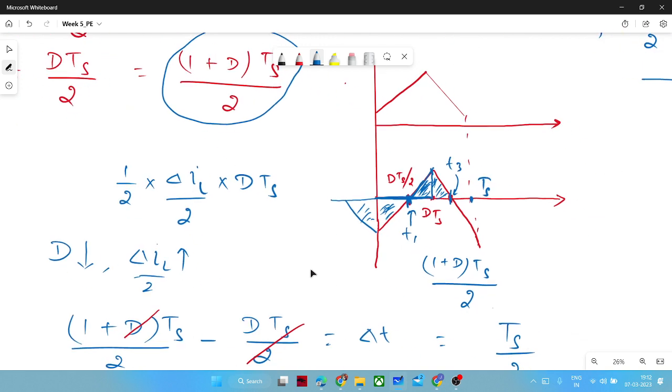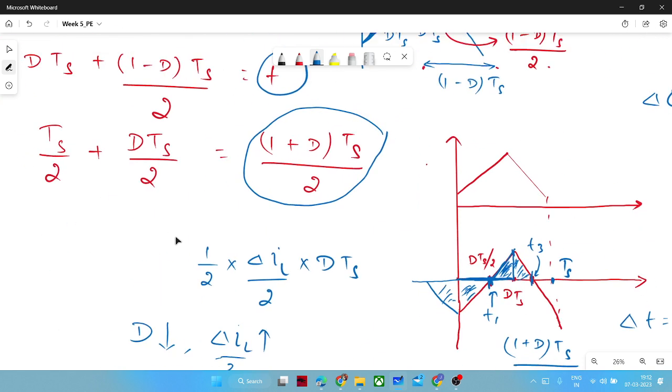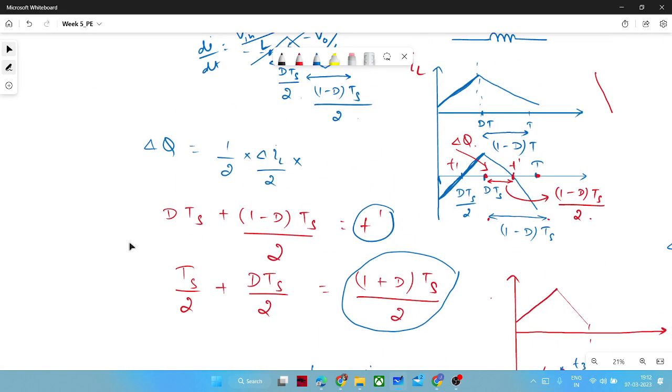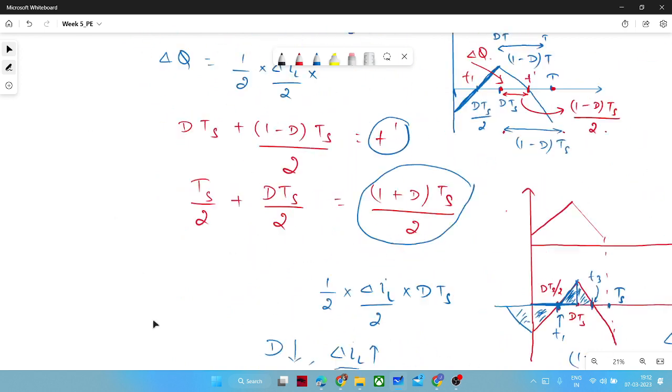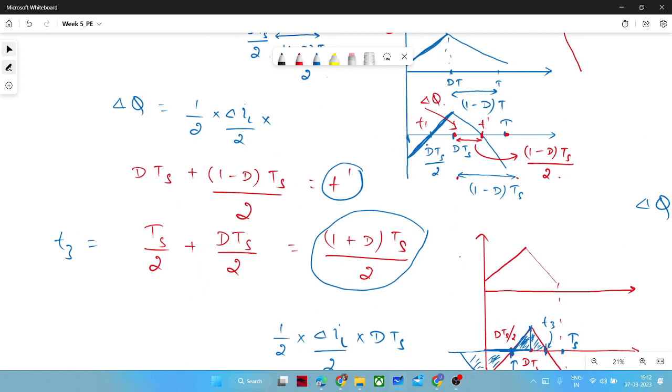So the period for positive charge is T3 minus T1, and T3 we computed as DTs by 2 plus this period by 2.